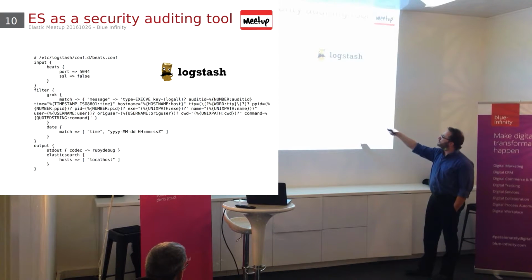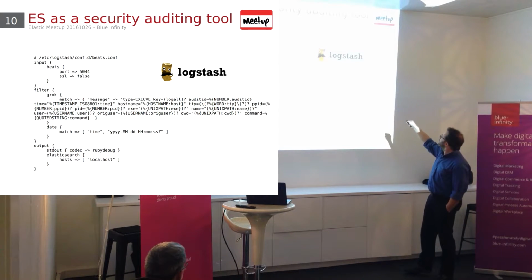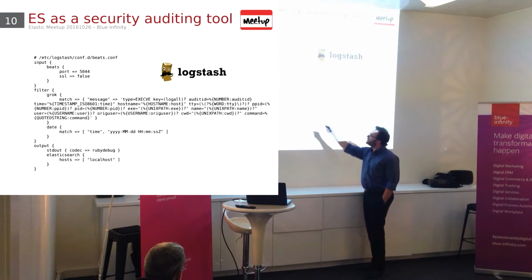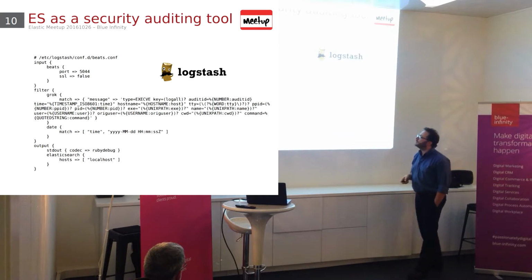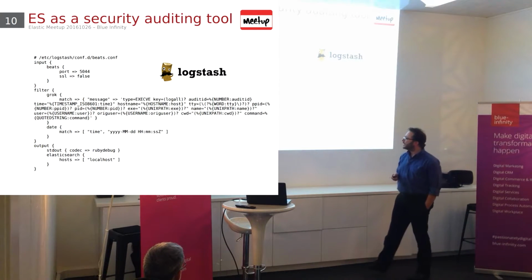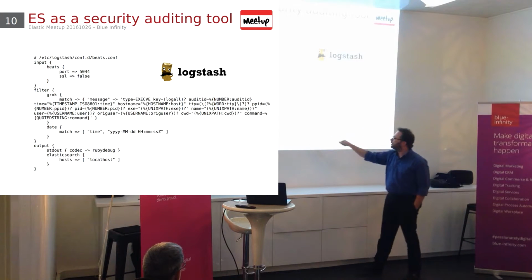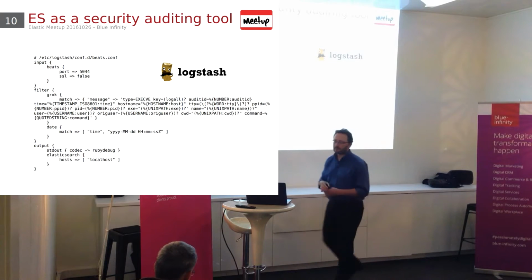So this will generate keys that are called audit ID, host, TTY, name, etc., etc. And then, of course, we send the time through the date filter in order to convert the string into a real date. And then we output all this to Elasticsearch, which is also running on localhost.